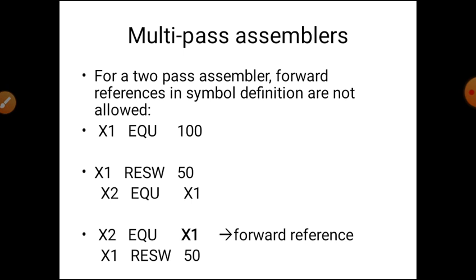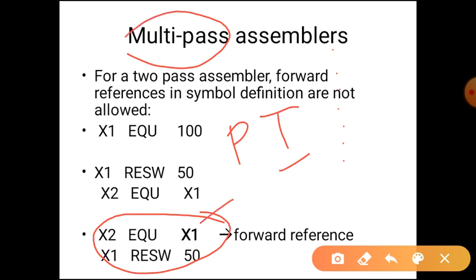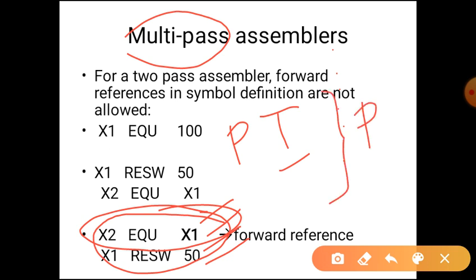As usual, it starts with pass 1, performs all the assigning of location values, and whenever it finds such forward references in EQU, multiple passes are carried out over such EQU statements, and once all these forward references are resolved, the output is given to pass 2.